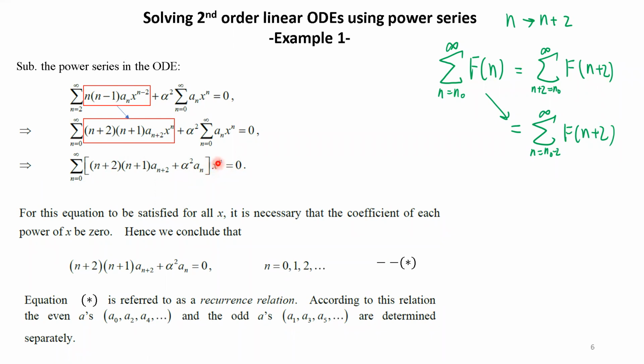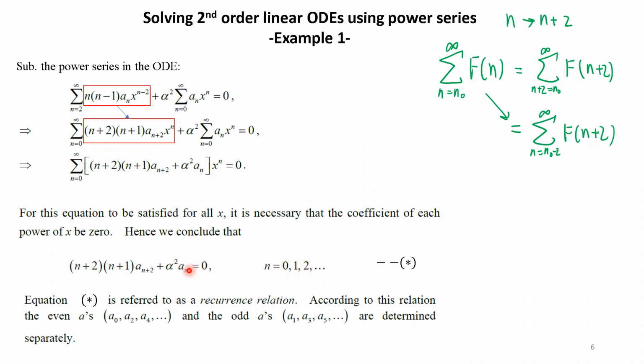Therefore, we are required to force the term in front to be 0 for all n. I write it over here: this whole coefficient by itself has to be 0 for all n.